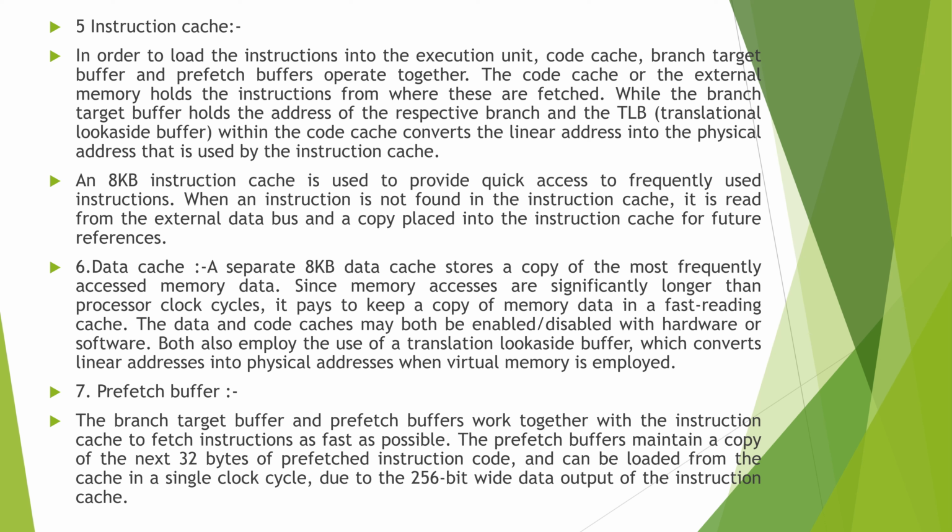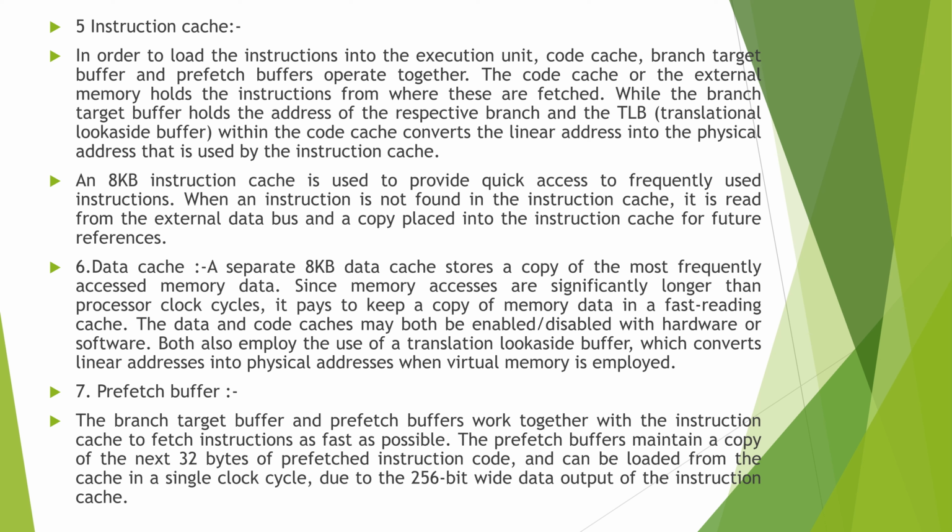Prefetch buffer. The branch target buffer and prefetch buffer work together with the instruction cache to fetch the instruction as fast as possible so that the microprocessor should not enter into the idle state. The prefetch buffer maintains a copy of the next 32 bytes of the prefetch instruction. In advance, they are prefetched from the code cache into its buffers.